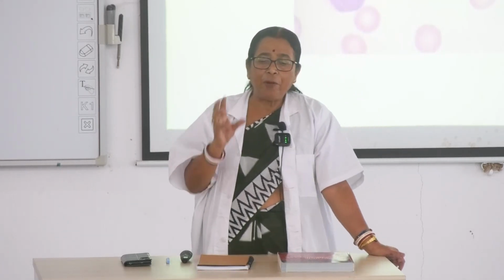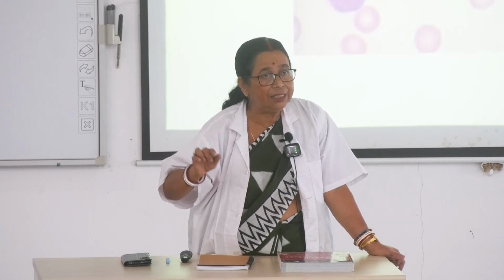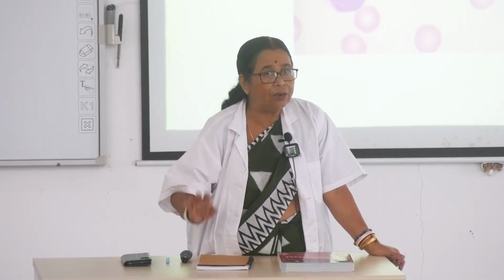MCV, MCH, MCHC, এগুলো হচ্ছে কমপ্লিট মানে সিবিসি। তার মধ্যে মেশিন যেহেতু এটা করে, মেশিনে আমরা একটা অ্যাপ্রক্সিমেট আইডিয়া পাই RDW-র, নিউট্রোফিল কটা আছে, লিম্ফোসাইট কটা আছে, ইওসিনোফিল কটা আছে, বেসোফিল কটা আছে। We can get an idea from this CBC. তাহলে CBC means complete blood count, that is TLC plus DC, DLC, differential leukocyte count, approximate, not accurate.